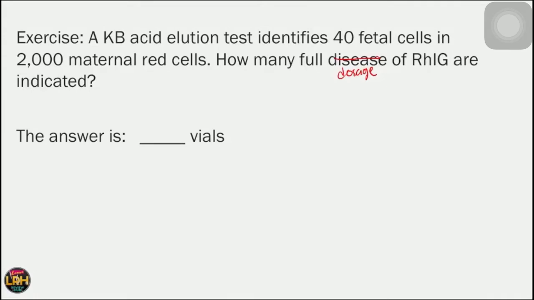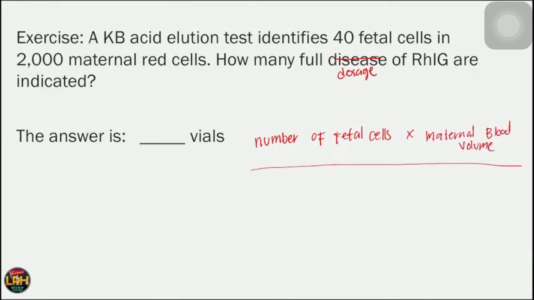Earlier, we wrote the formula. So, let's write it down. Number of fetal cells multiplied by the maternal blood volume divided by the number of maternal cells.